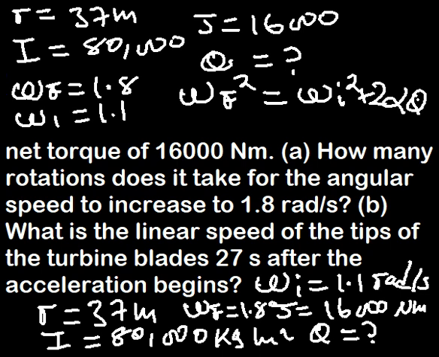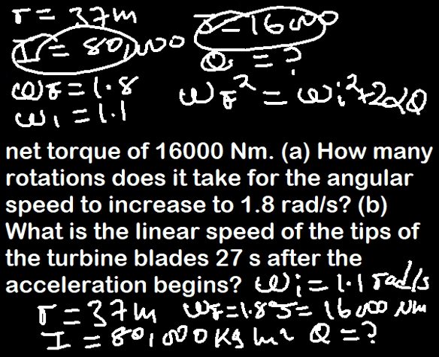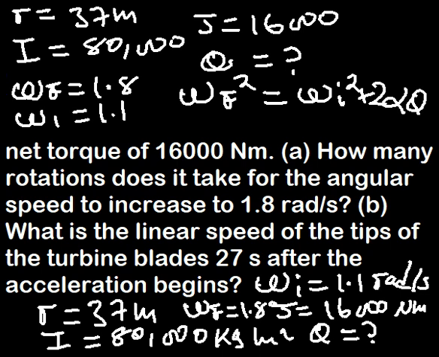We are looking for the angular displacement, so we first get the angular acceleration using the moment of inertia and the torque. Then we solve for the angular displacement, and upon having it, you convert it to revolutions.